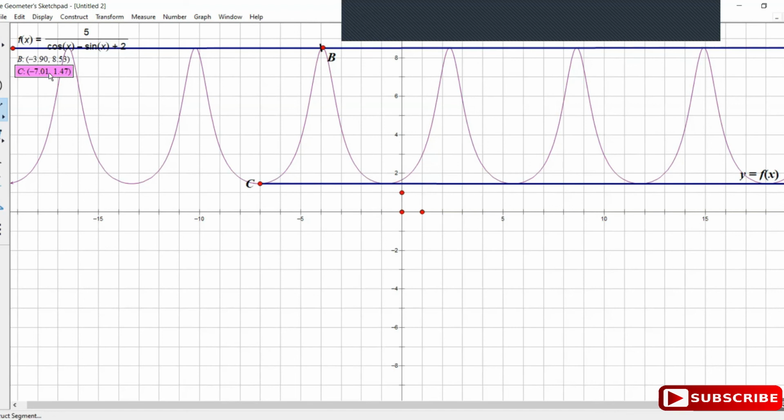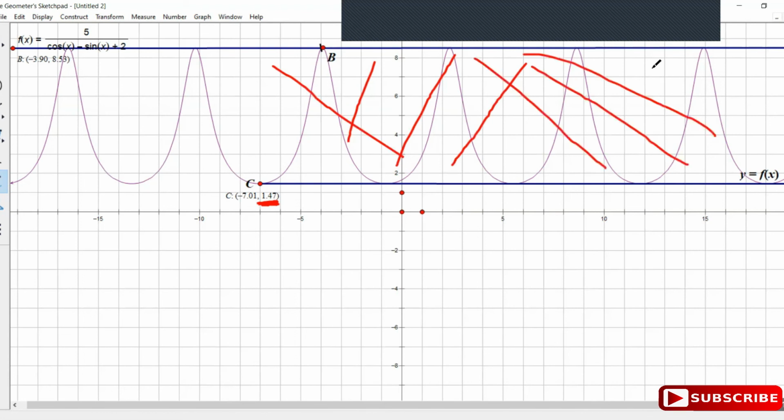1.47. Maybe I rounded off wrong. We got 1.46, but this is saying that the minimum value is 1.47. The y coordinate, see there? Minimum value, right? That's because the range of the graph is between here. If we're to shade in between here, just shading the graph, meaning the range, the y values, it ranged from 1.47, I'm going to write 1.5 to 8.5.